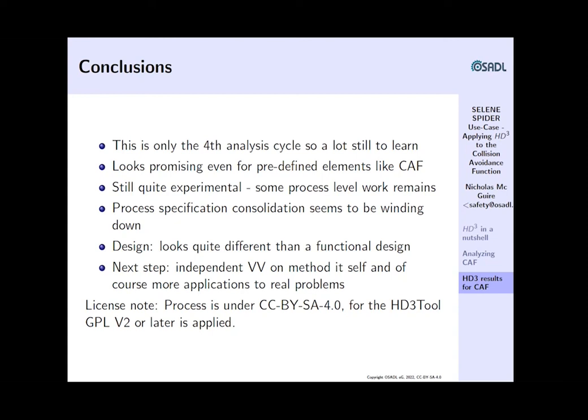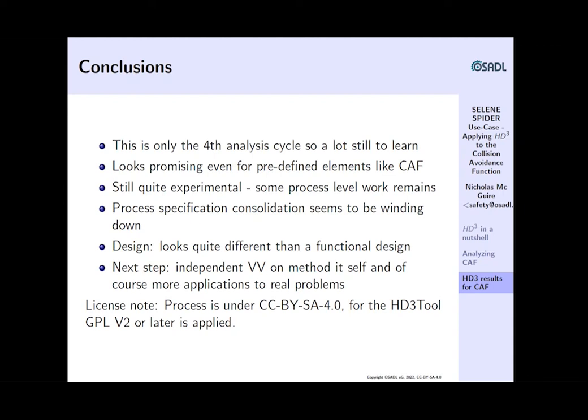But independent verification of the method is, of course, important, and then we start growing the complexity of the element that we're analyzing. This is an open source project, so both the tools and the method are released under an open source license, specifically CC BY SA 4.0.